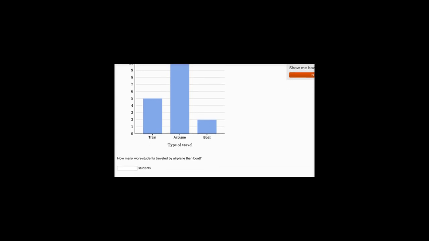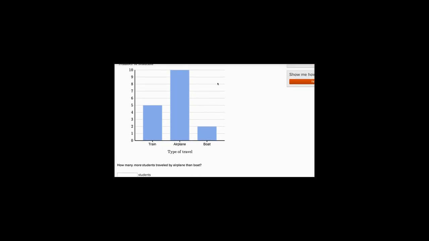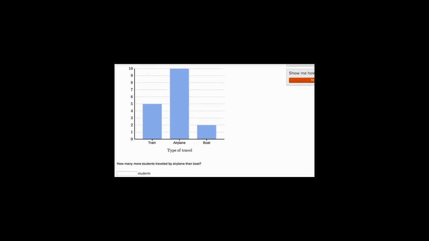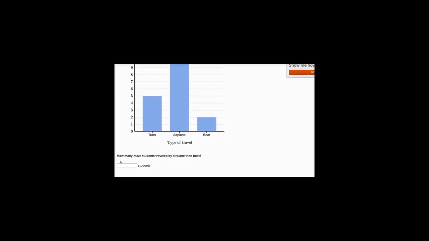And then we're asked, how many more students traveled by airplane than boat? Let's see. 10 students traveled by airplane, 2 traveled by boat. So how many more is 10 than 2? Well, we could figure that out by saying, what's 10 minus 2? So 10 minus 2 is going to be equal to 8. 8 more students traveled by airplane than by boat.